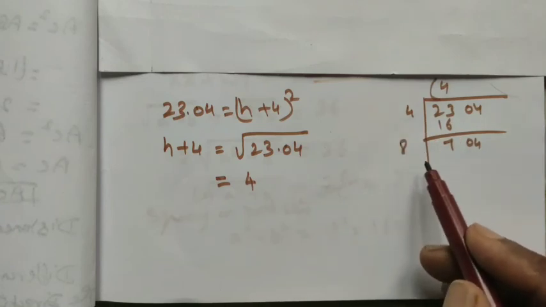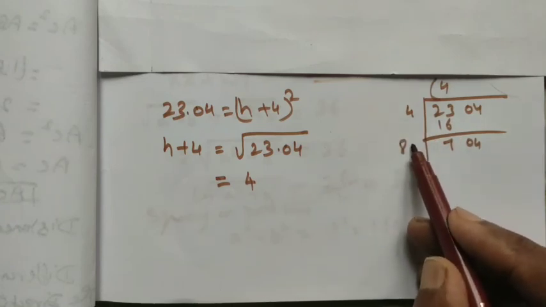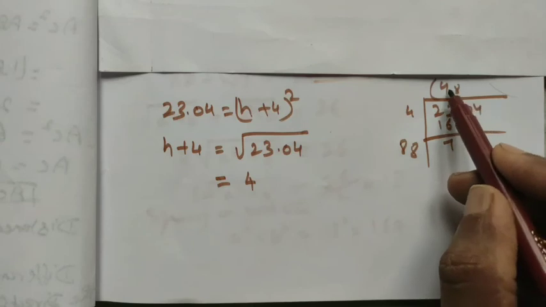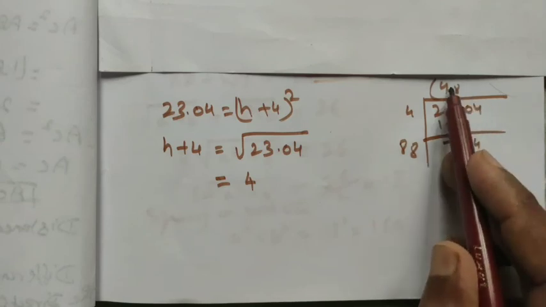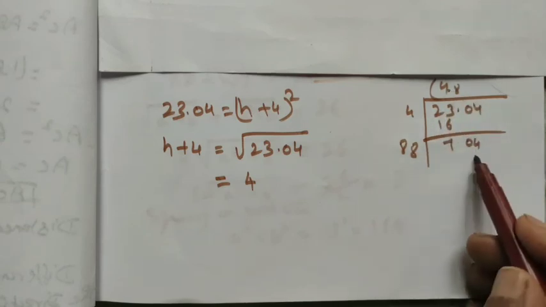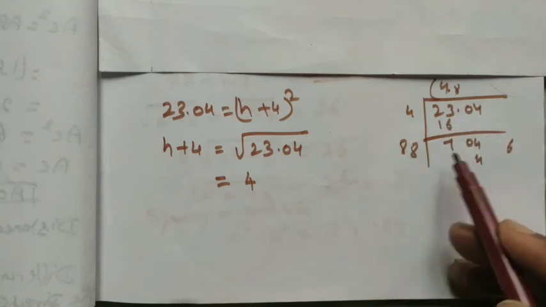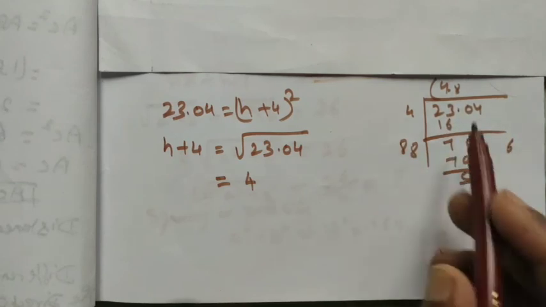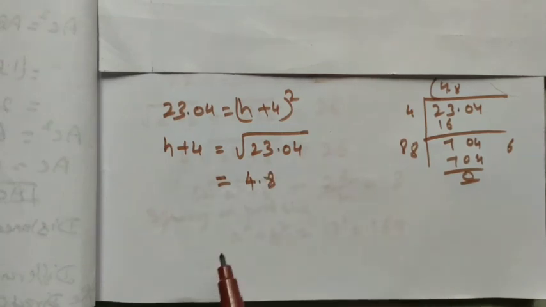Double this number, we get 8, 8 eights are 64. So we put 8, here we have decimal places, right? So here also I put decimal, 8 eights are 64, 4 remainder 6, again 8 eights are 64 plus 6 is 704. So 4.8 is the square root value.